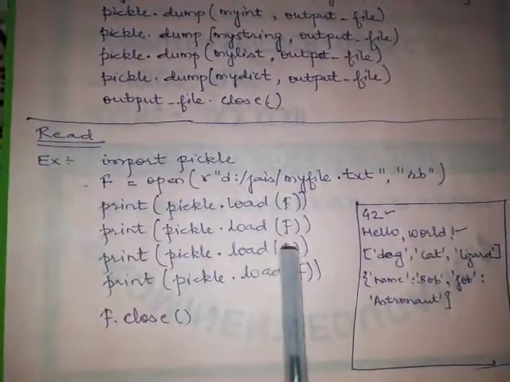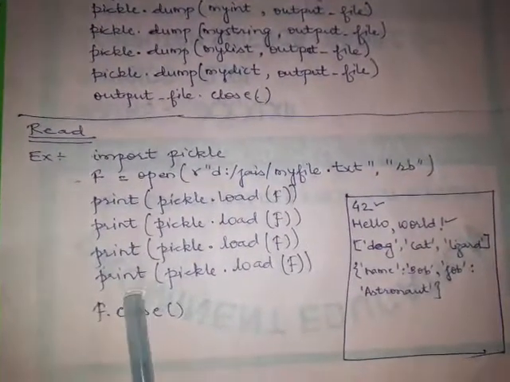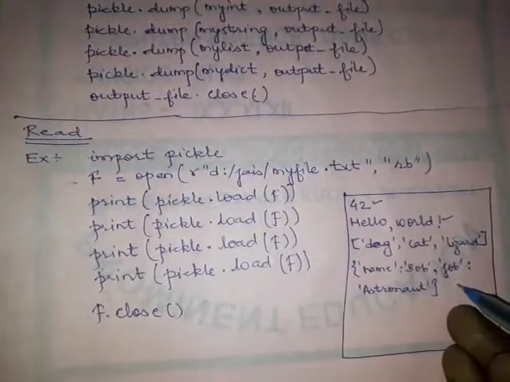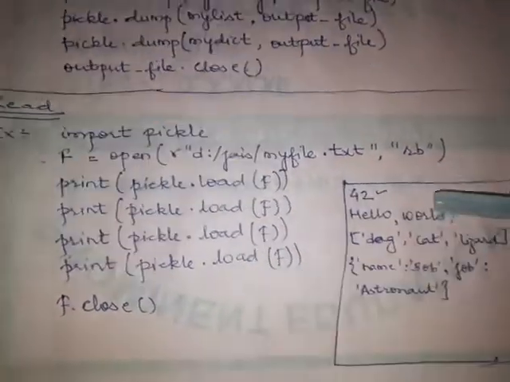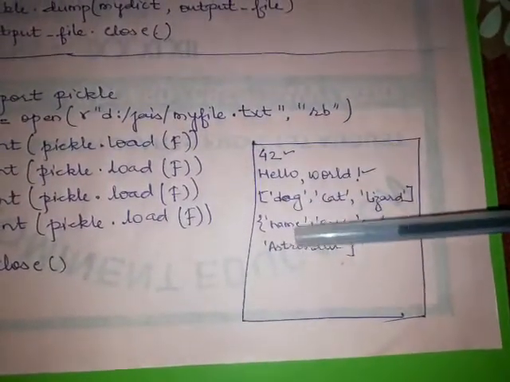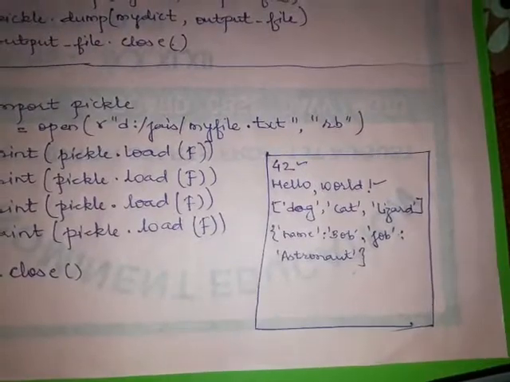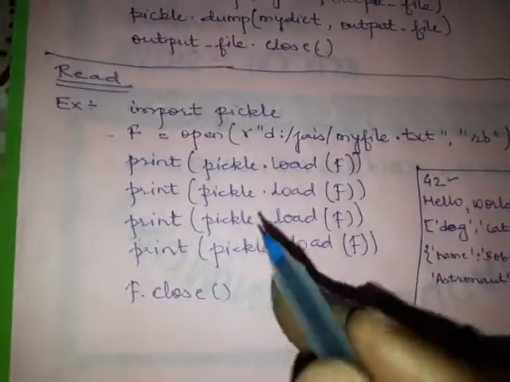Print pickle.load, again file handler, then it will print our list item. Then print pickle.load f, then it will print our dictionary. So this full print statement will give our desired result as we wrote in the file. Then in the last, close the file.